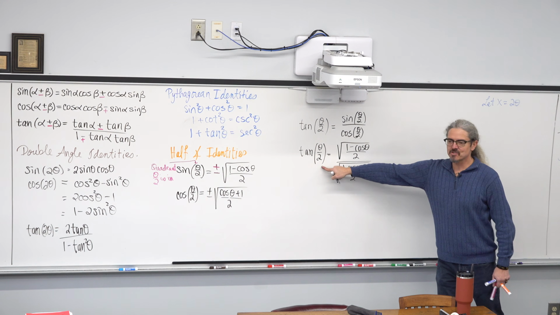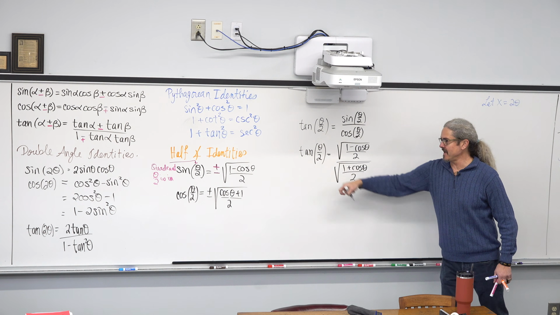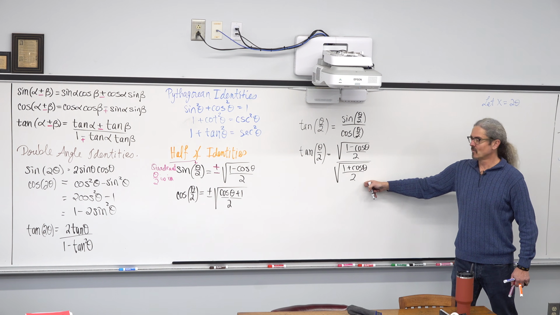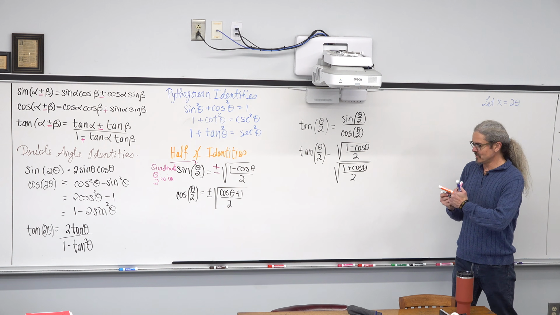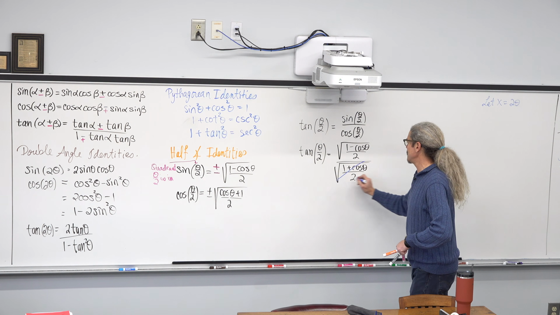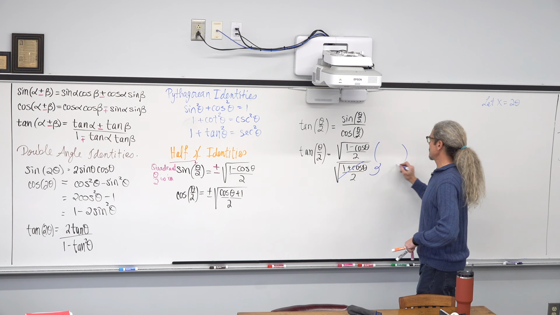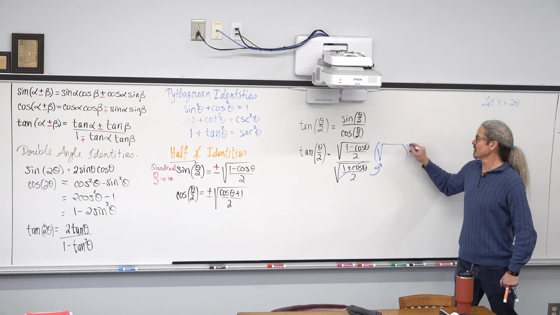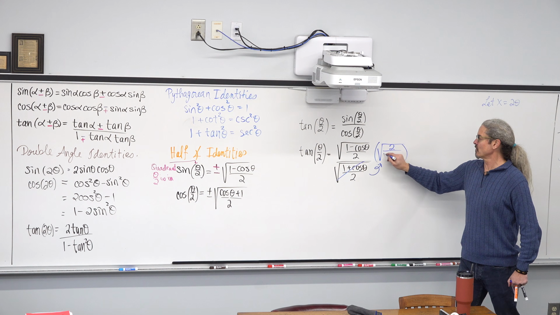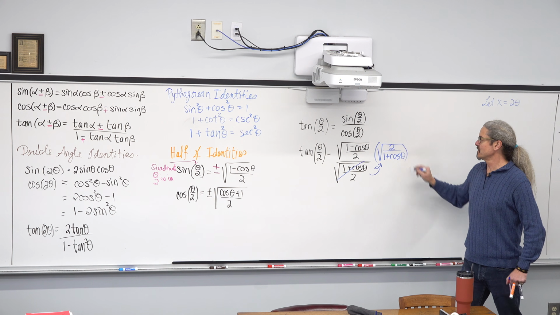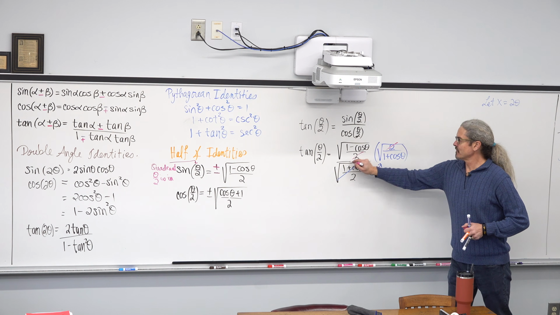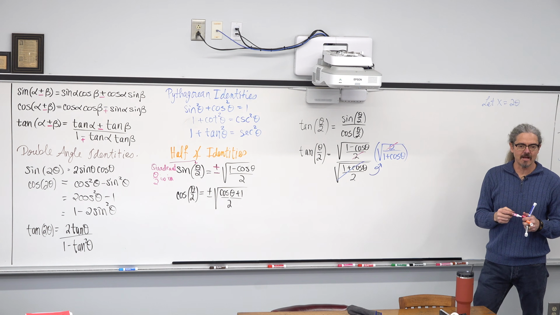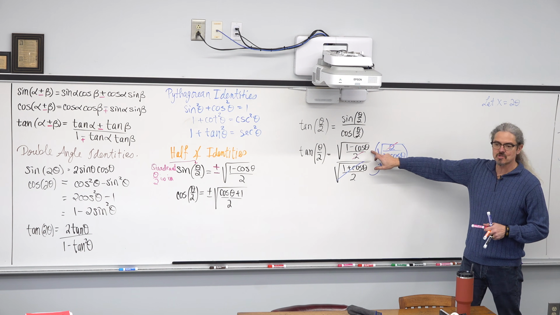So the tangent, regardless of the size of the angle, is sine over cosine. Well, you have a division of a fraction. If you want to instead show a multiplication of the reciprocal, you would have the square root of 2 over 1 plus cosine theta, which then opens the door for the common factors of 2 to cancel out across that multiplication.